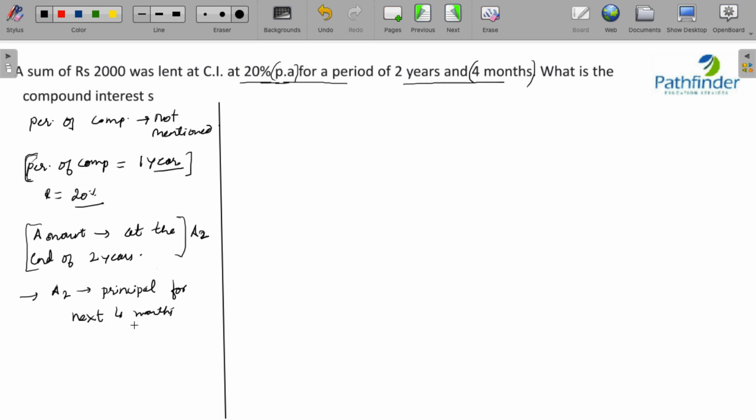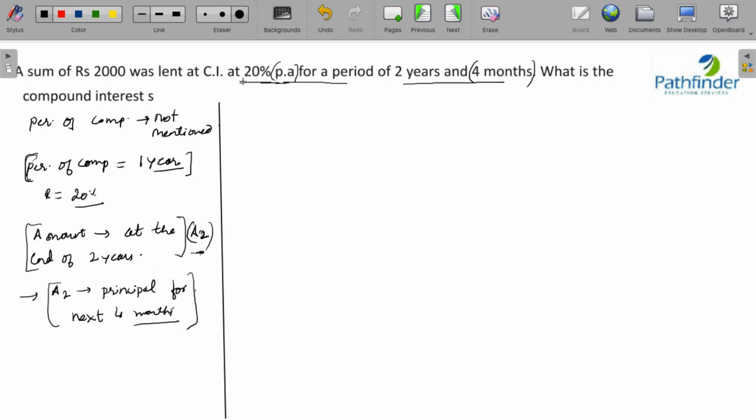That is the whole principle of compound interest, that you always add the interest back to the principal after every period equal to the period of compounding. So at the end of 1 year, you will add the compound interest, and at the end of the second year also you will add the compound interest, and you will get this amount A2. And this A2 will be the principal for the next 4 months. And you need to know what will be the interest for these 4 months.